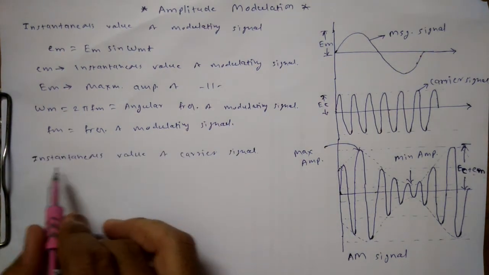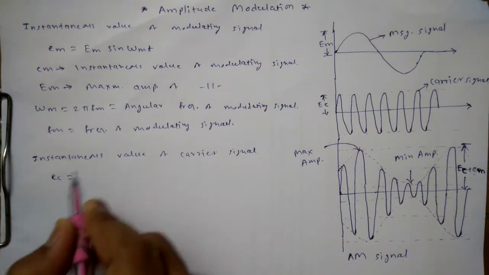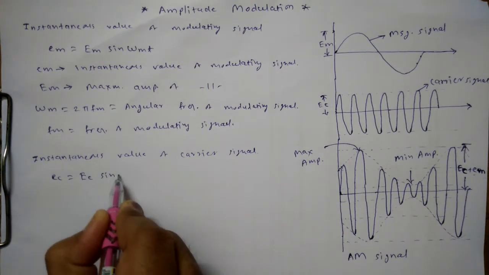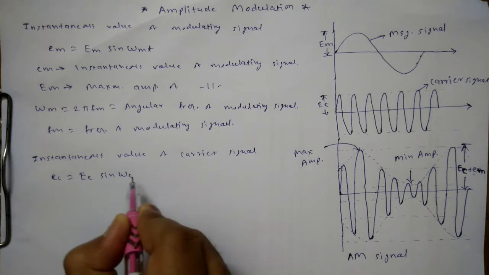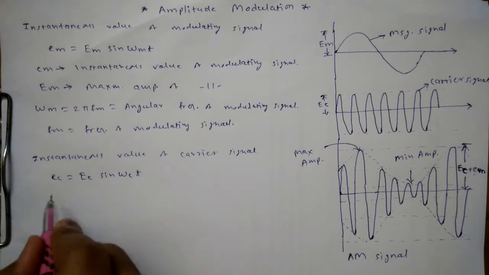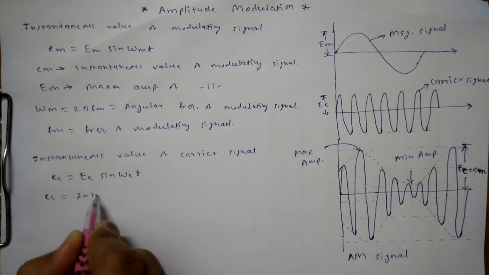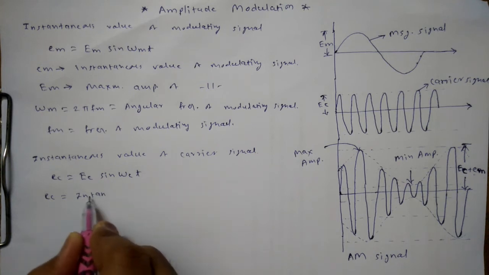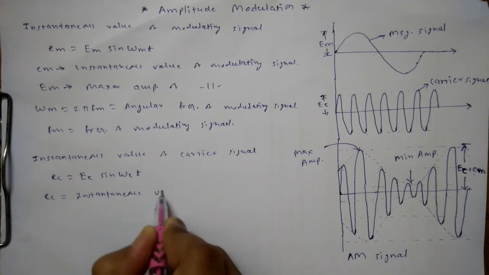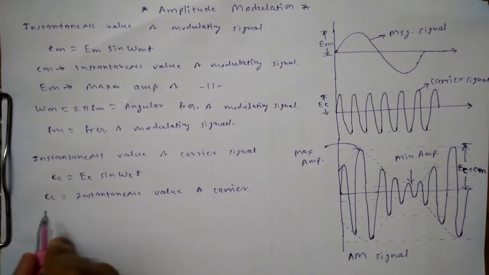Similarly, we can go for the instantaneous value of the carrier signal. So we will be using the term ec equals EC sine omega c t. Now again we can write each thing once more, where small ec is the instantaneous value of the carrier signal.